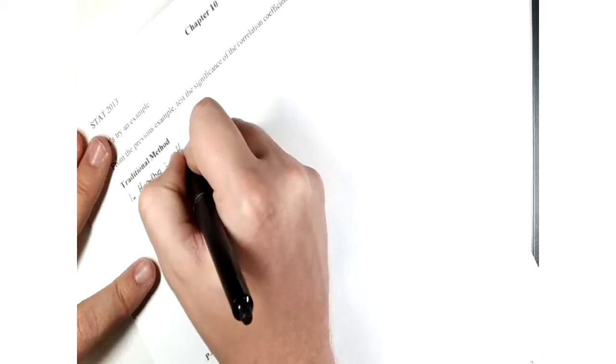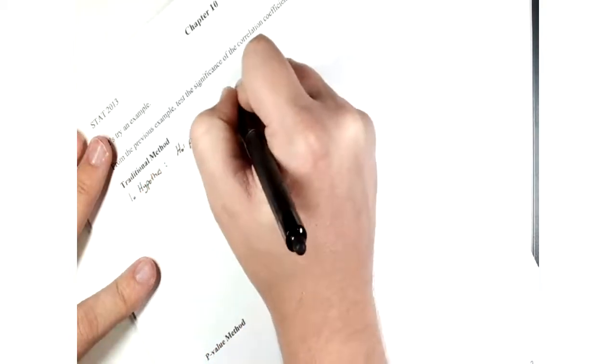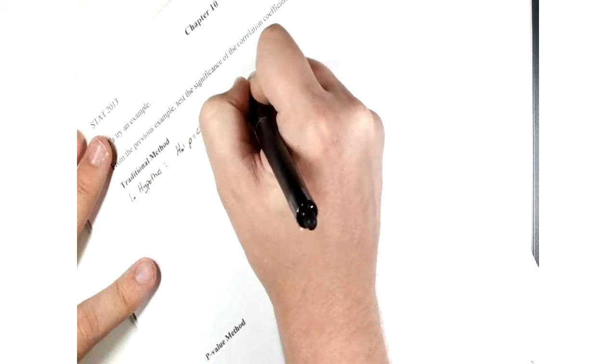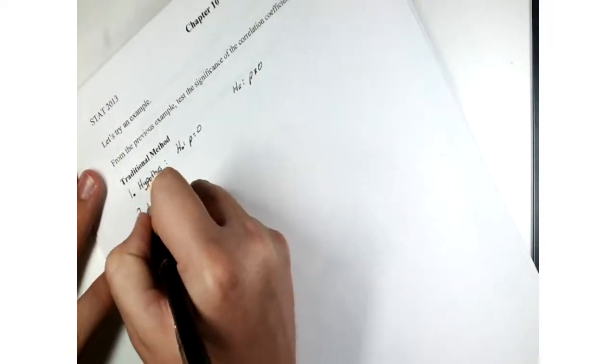The first step, just like we did in chapters 8 and 9, is identify the two hypotheses. In this case, the null is rho is equal to 0, and the alternative is rho not equal to 0.